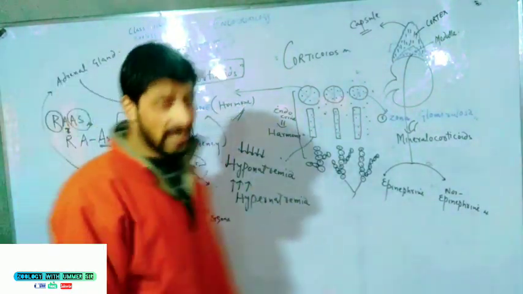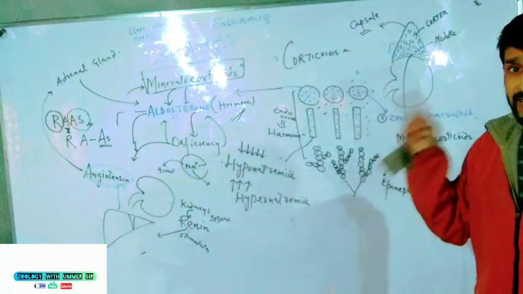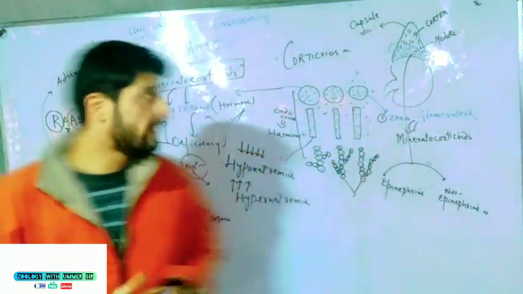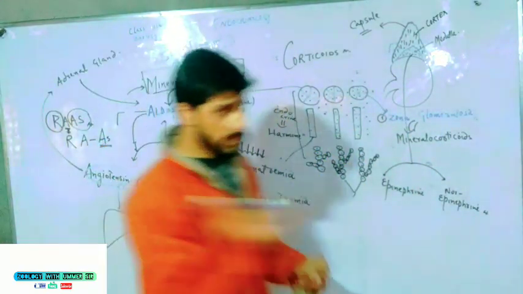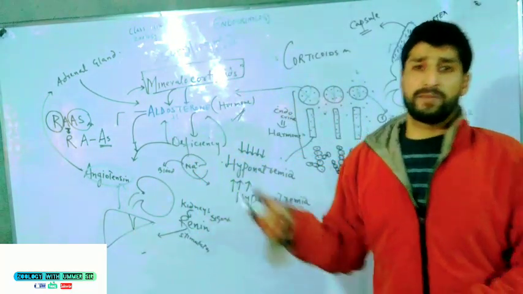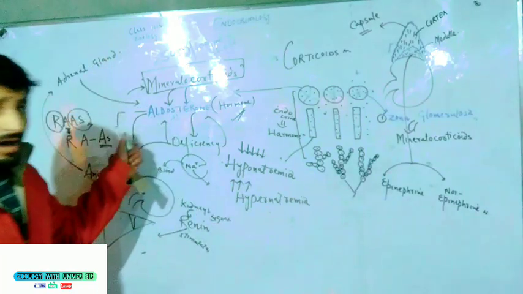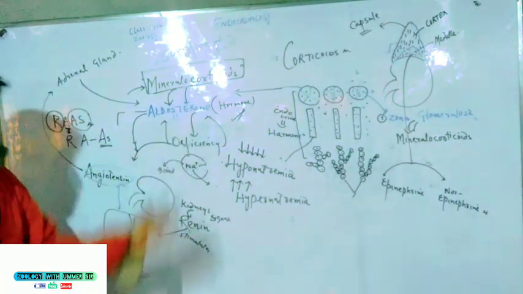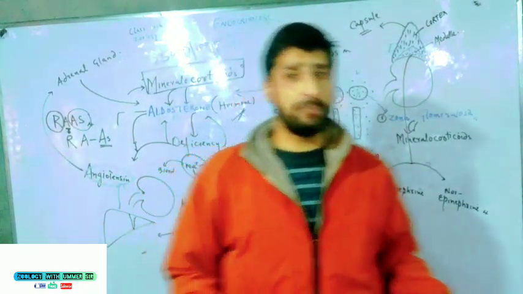It is this aldosterone hormone that is responsible for regulating the sodium level of my body. Aldosterone prevents the loss of sodium along with urine, sweat, bile, or saliva. Due to this hormone, sodium ions are reabsorbed back into our blood.